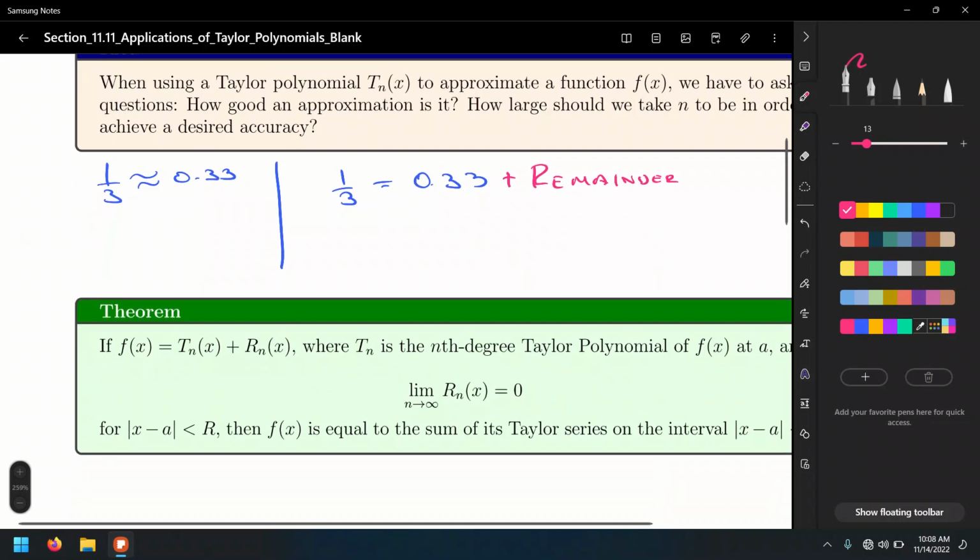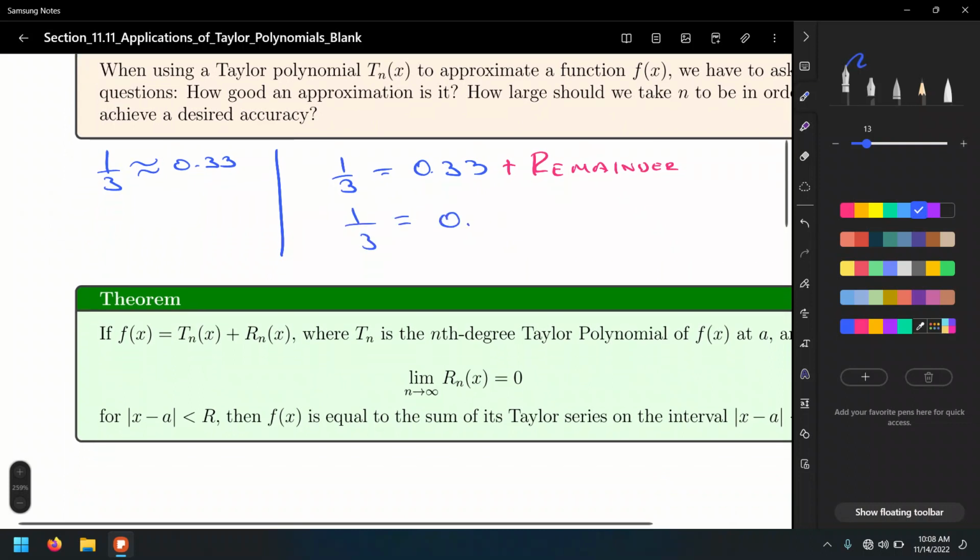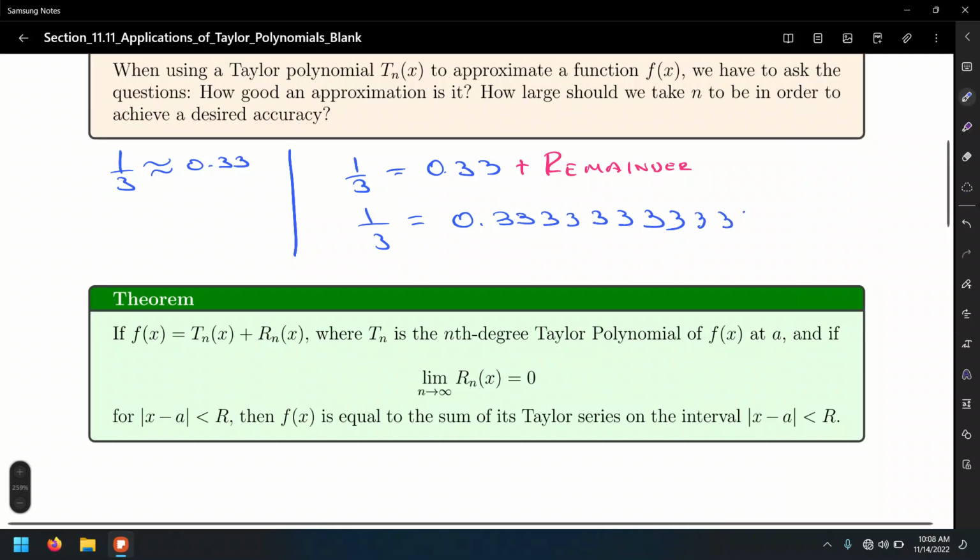It's a remainder. In the same way, we can also approximate 1/3 as 0.333333. If I add more digits here, I'm coming up with a better approximation, but that's still an approximation because this number is periodic.